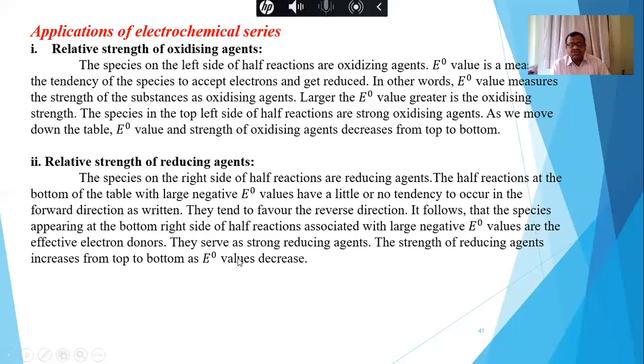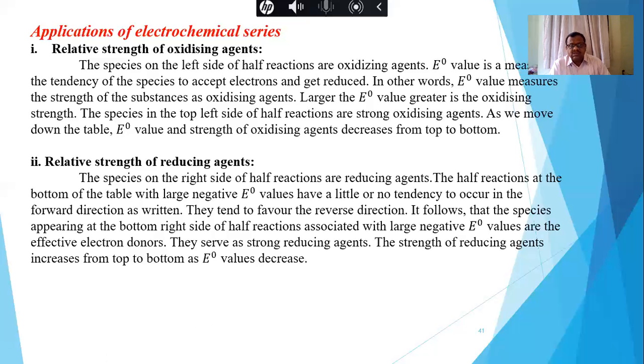They serve as strong reducing agents. The strength of the reducing agents increases from top to bottom as E standard values decrease. So this is the second application, where the relative strength of reducing agent increases from top to bottom as the E standard values decrease.